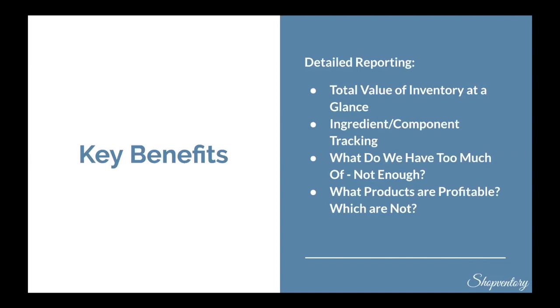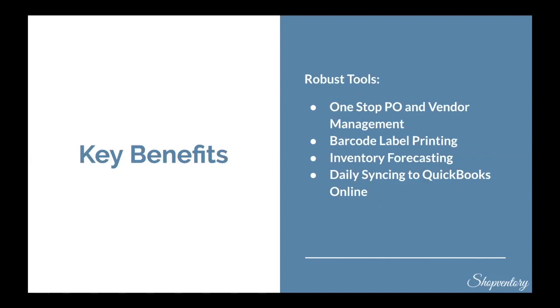And of course, reporting on what do we have too much of, what do we not have enough of, what's profitable, what's not profitable. In addition, we have things like one-stop purchase order and vendor management in Shopventory, built-in label printing, so you can print out a barcoded price tag, as well as inventory forecasting on our professional and elite subscriptions, and daily syncing to QuickBooks Online is also available.